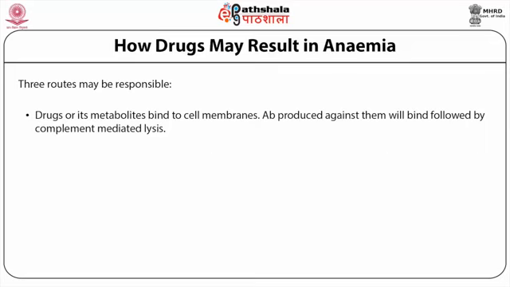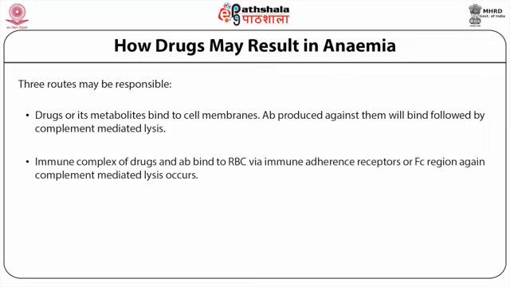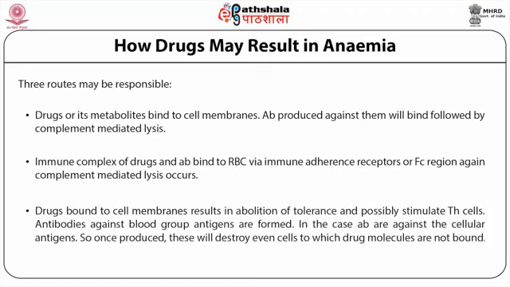In the second route, immune complexes of drugs and antibody bind to red blood cells via immune adherence receptors or Fc region. Again complement mediated lysis occurs. In the third route, drugs bound to cell membranes result in abolition of tolerance and possibly stimulate Th cells. Antibodies against blood group antigens are formed.